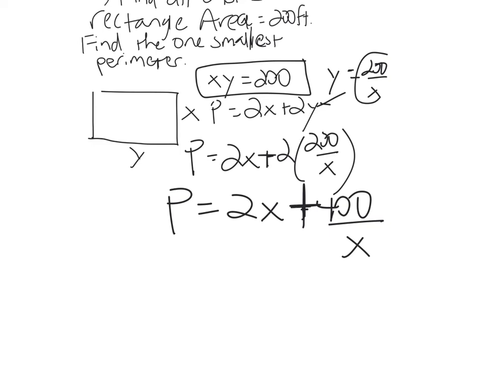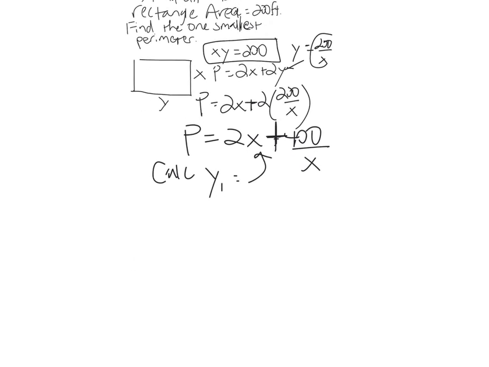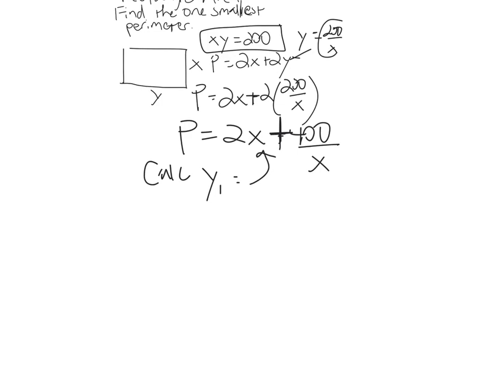But in our case, we're going to graph this on our calculator. Go to your calculator and graph under y1. We're going to find the minimum of it. It's not a parabola. It's a rational function, and it has a minimum. I graphed this, and I had to change the window a bit.